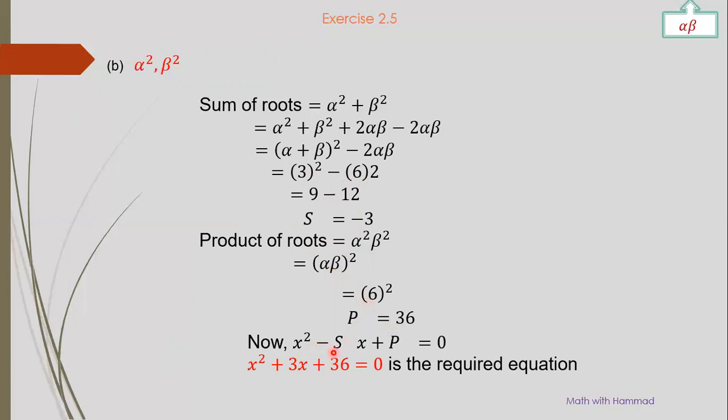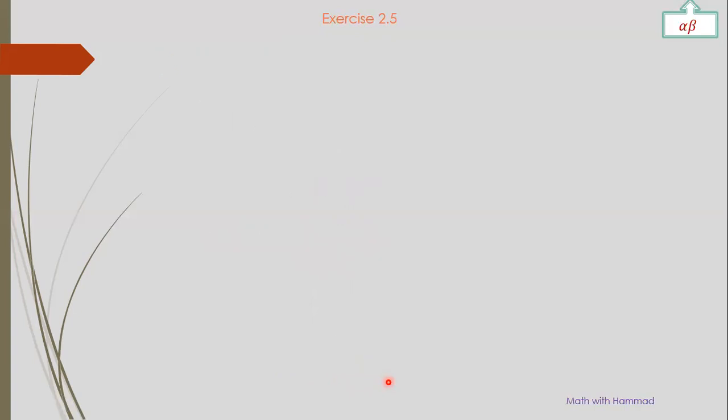Standard form is x square minus Sx plus P is equal to 0. Here S is minus 3 and this minus, minus and minus is plus, so x square plus 3x plus 36 is equal to 0 is our required equation.